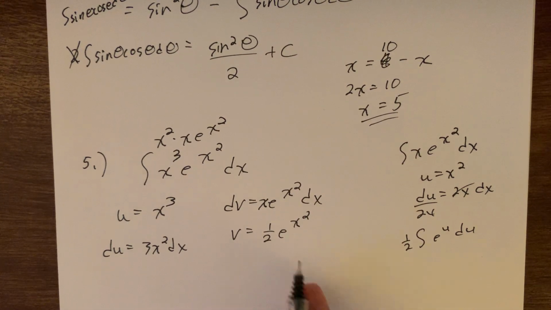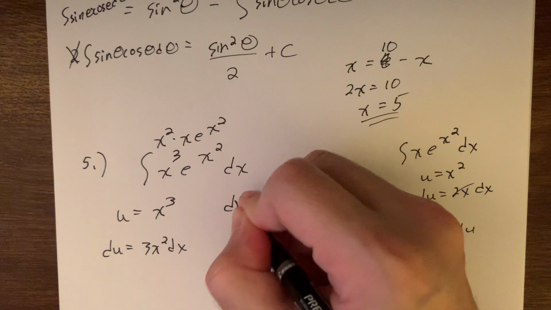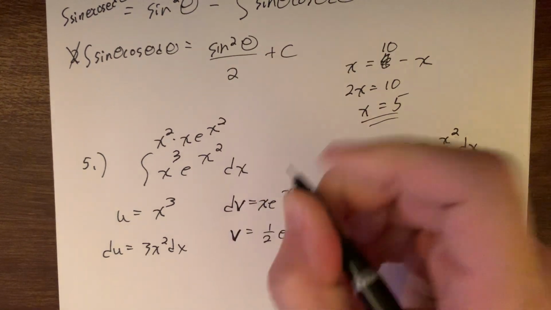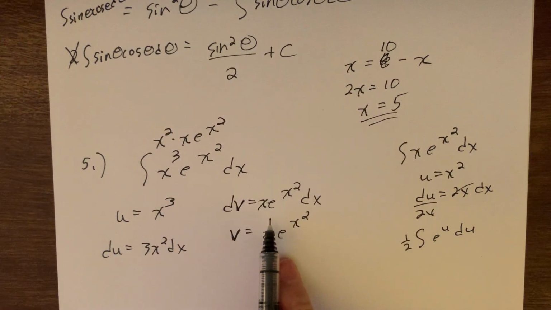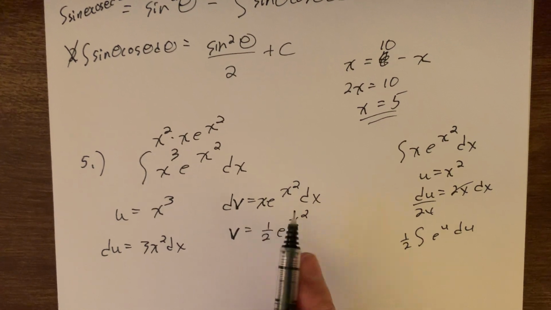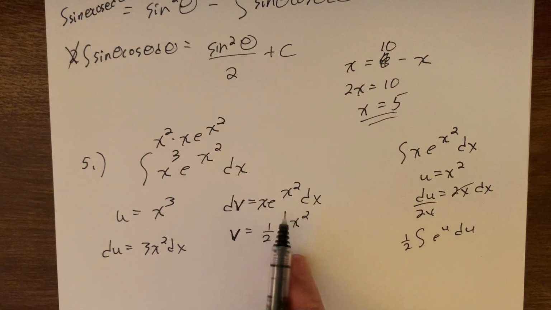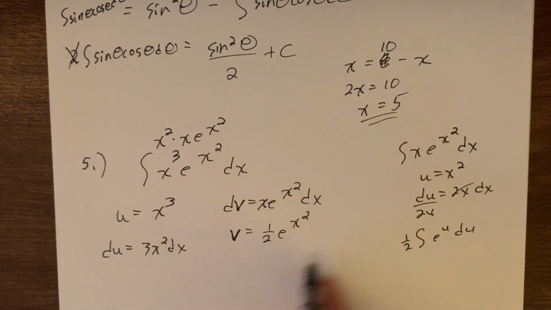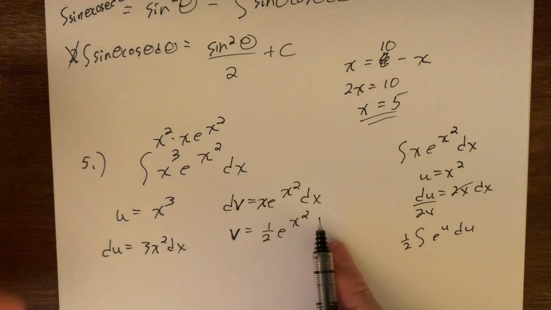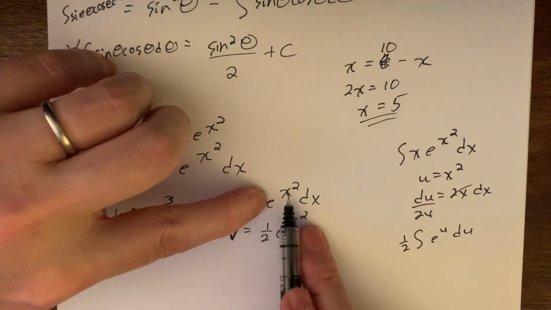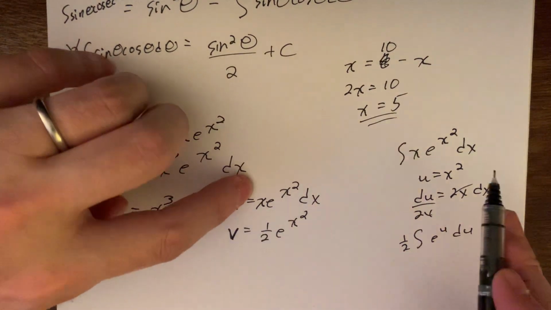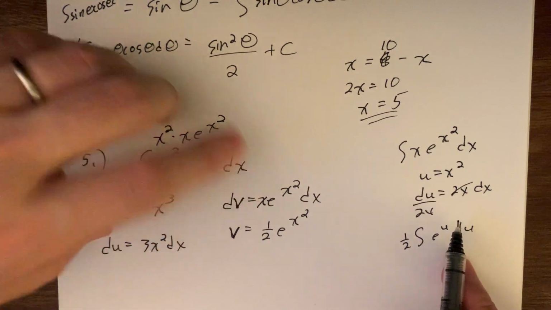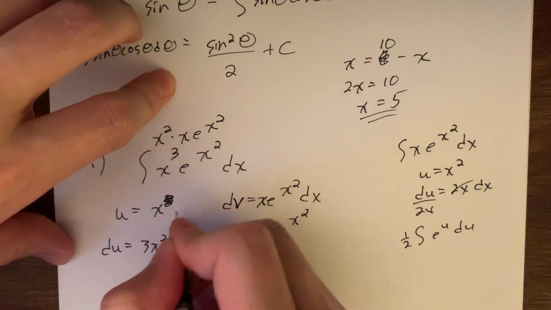I have seen some help books that talk about integration by parts, and they focus so much on dv, all the little things to make sure that what you set up for dv gives you a good antiderivative so you can finish the box and set up your formula. So e to the x squared wasn't enough. It needed the x so that this u substitution would work. So I had to take an x away from here.